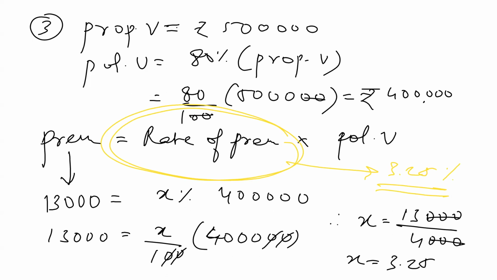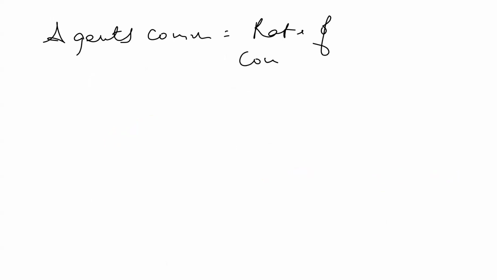Ahead, they're also asking for the agent's commission. So agent's commission is equal to rate of commission into premium. Commission is always on the premium, for this particular chapter.